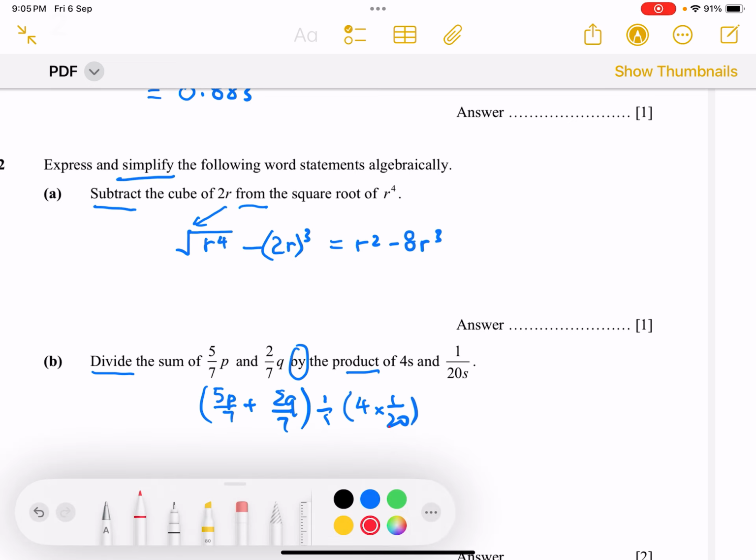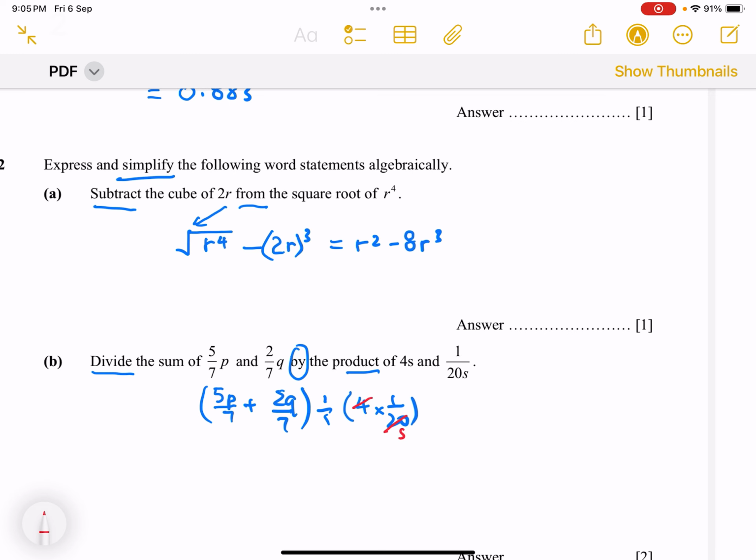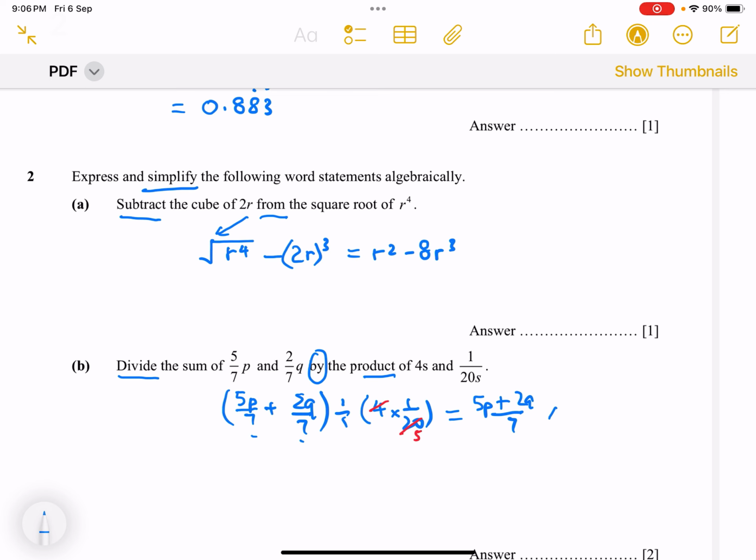Here we can simplify, cancel this, we have 5, and then need to write this as 5p, same denominator, plus 2q over 7. And divide by 1/5 means multiply by 5. We invert 1/5. So this is the result, 5 bracket 5p plus 2q over 7.